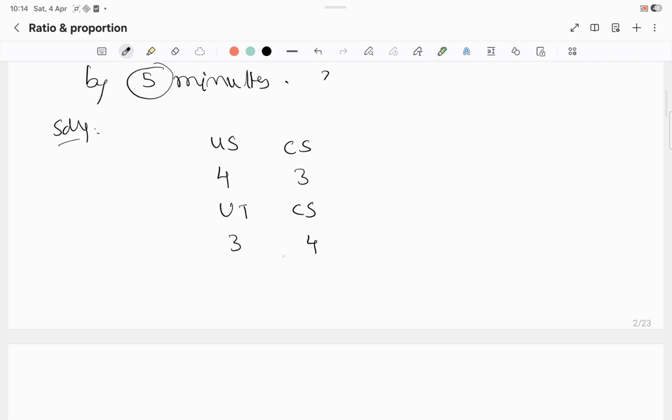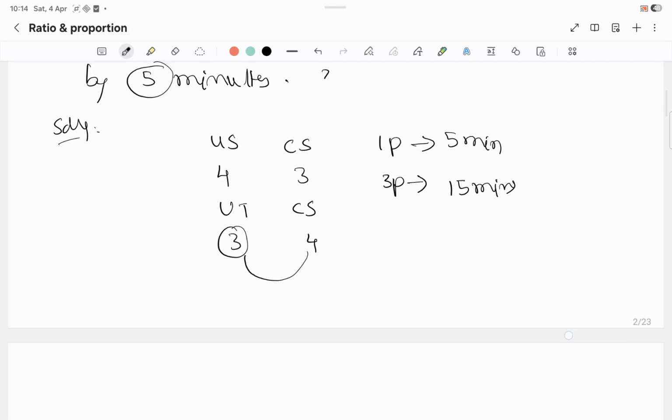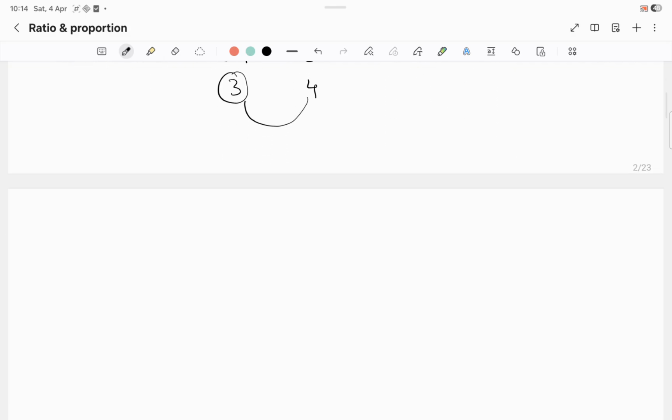Then this gap, 3 to 4, 1 part, is given in the question, 5 minutes. Then usual time 3 parts will be 15 minutes. He is not traveling with his usual speed, he is late by 5 minutes. So he reached by 20 minutes.